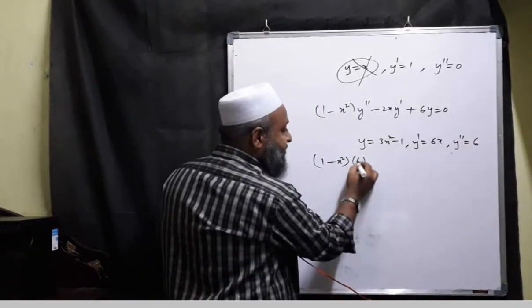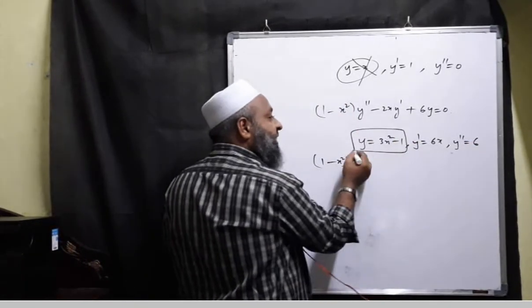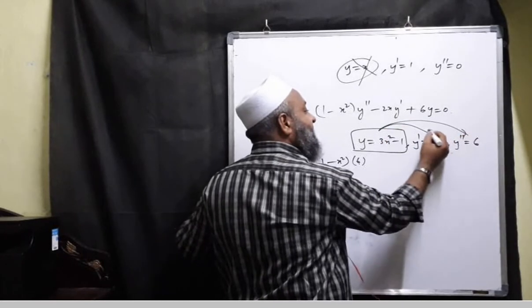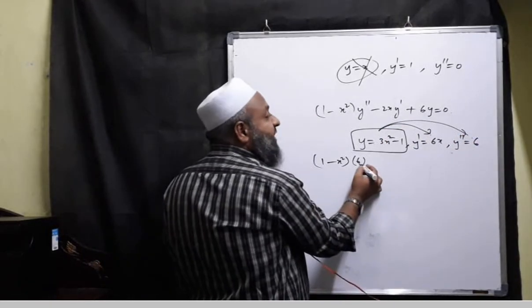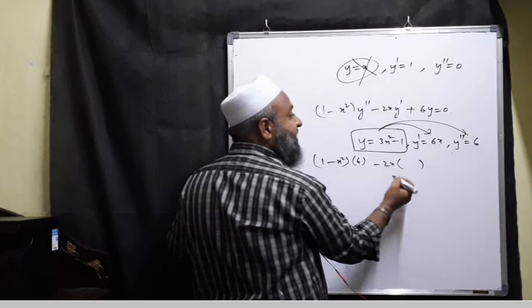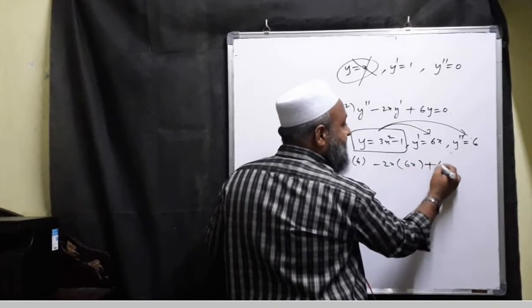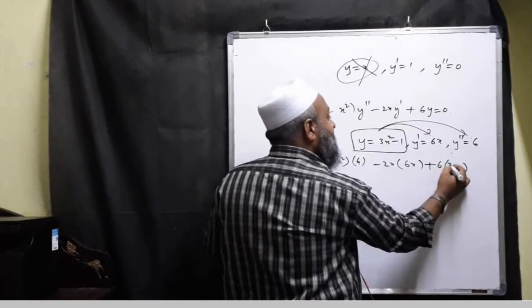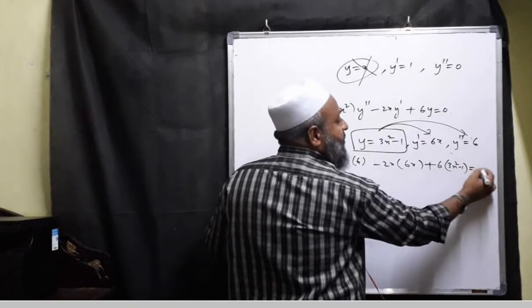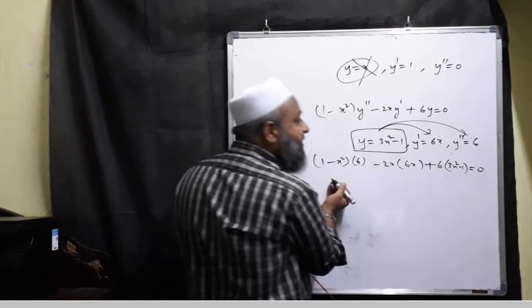So I will substitute with this y value. Y dash will come and y double dash will come. So y double dash is 6, minus 2x into y dash, that is 6x, plus 6 times that y, which is 3x square minus 1, equal to 0. I am saying this because I know that I will get 0 on the left hand side.